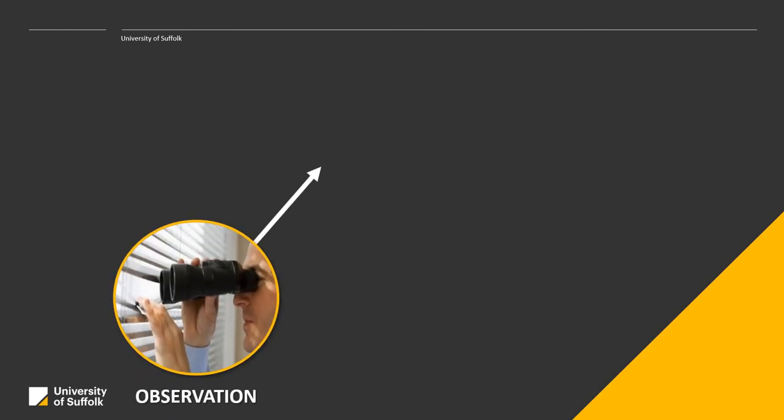This may be of an athlete's performance, or of a particular motion, so someone performing an exercise and you want to assess their technique. Whatever the case may be, you begin with the observation, and this is where the 2D motion analysis comes in.